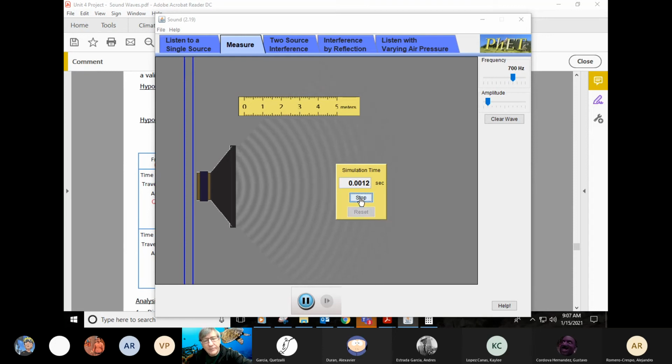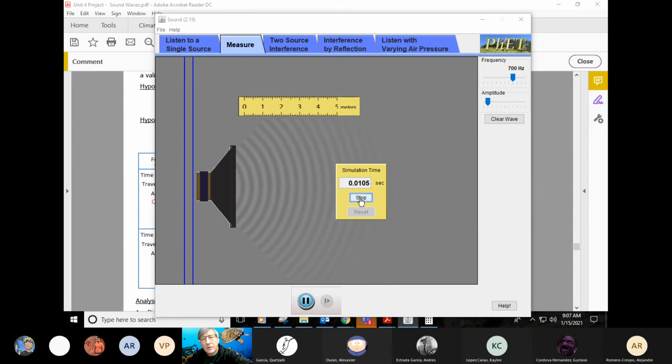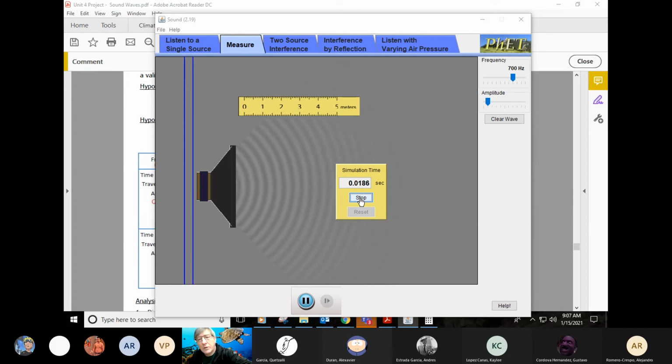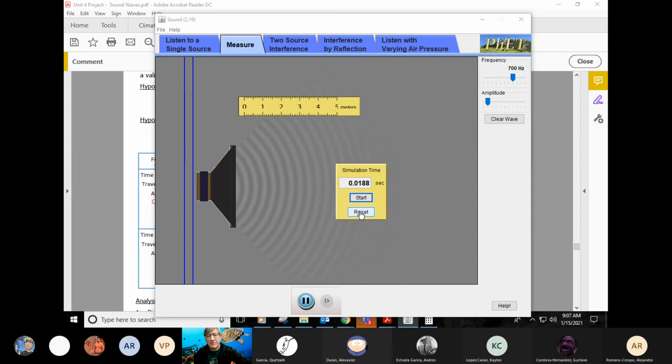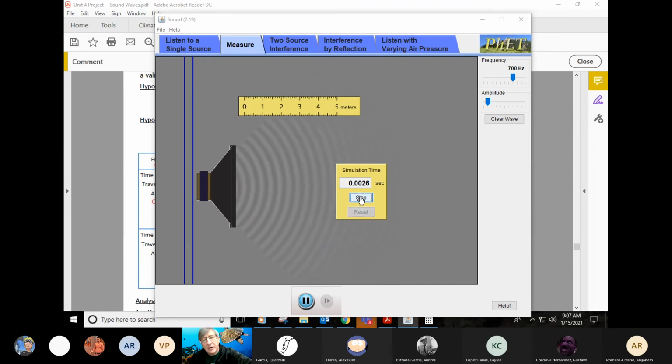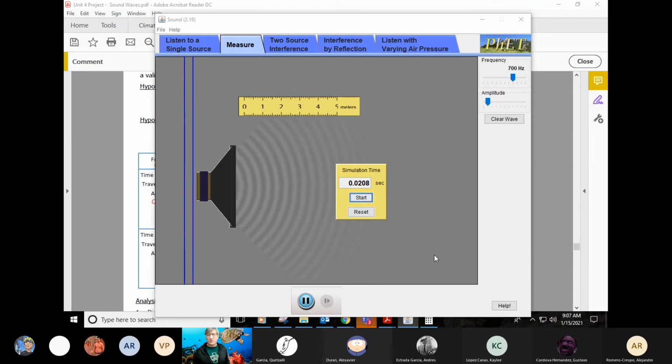Second one. 0.0188. And trial 3 for 700 hertz. Resetting, going. 0.0208.